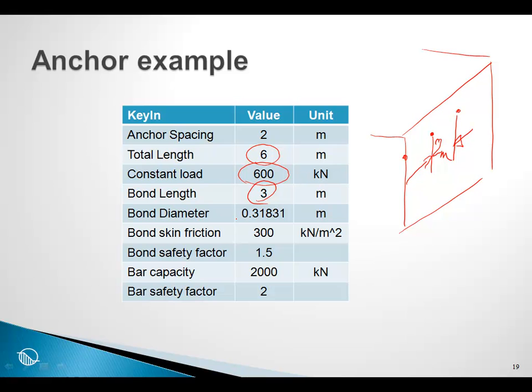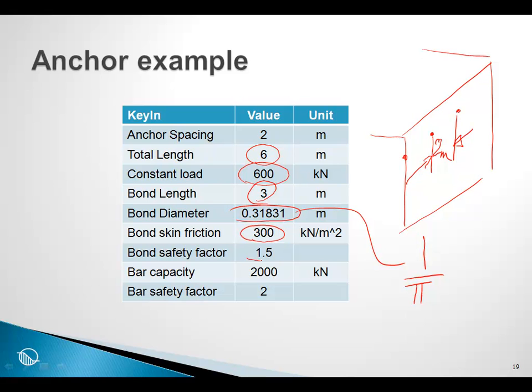And notice here that we have accepted a diameter which is 1 over pi, which is a default diameter such that we can talk about kilonewtons per meter. And the bond skin friction will be 300 kilonewtons per meter squared, or 300 kilonewtons per meter.